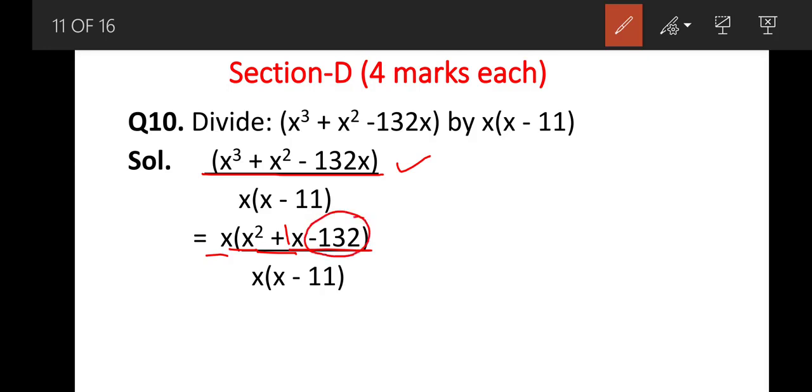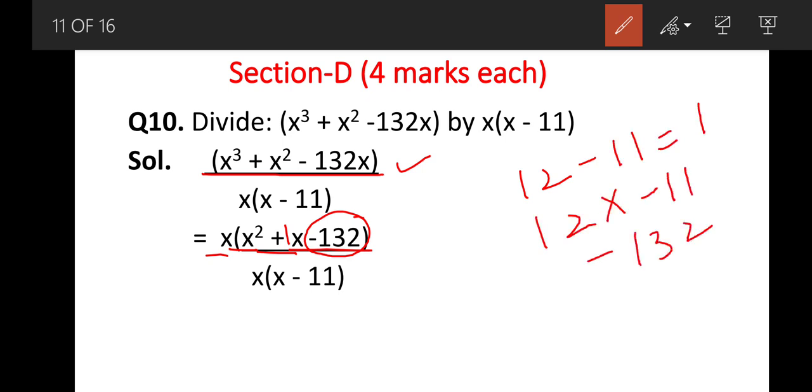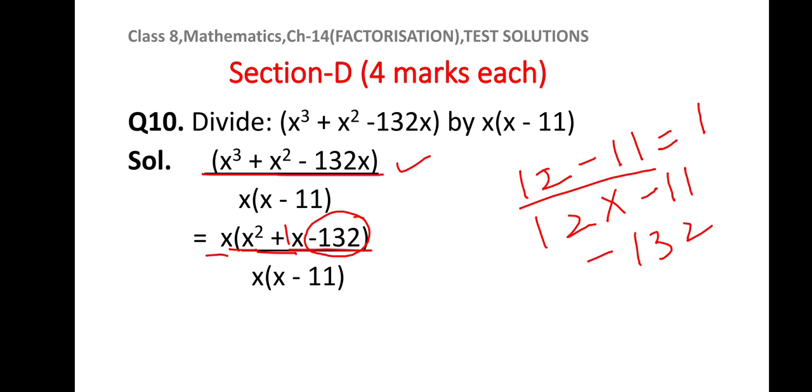So what are those two factors? It will be 12 minus 11, you will be getting 1. 12 into minus 11, you will be getting minus 132. So these are the two numbers which are satisfying the condition of the sum as well as the product.